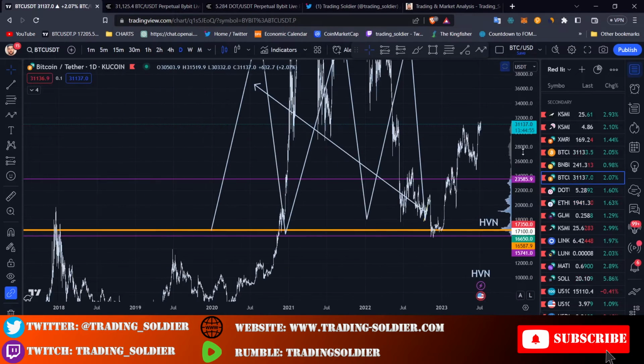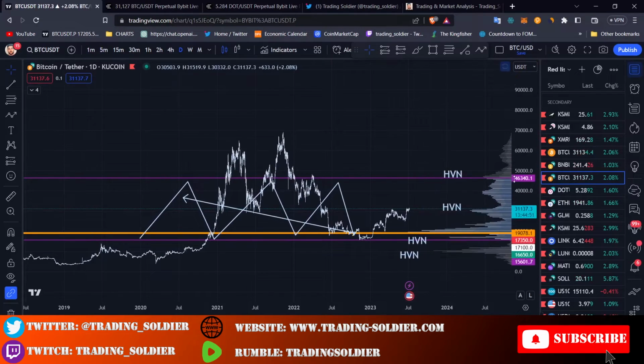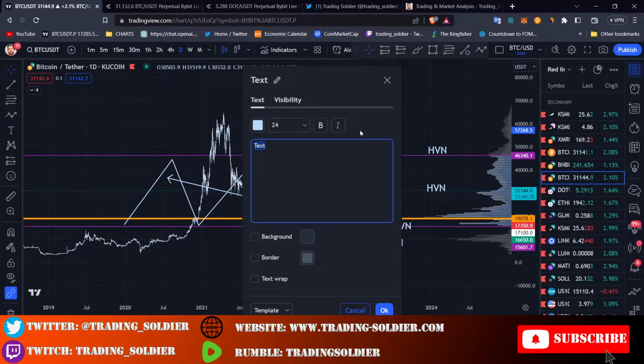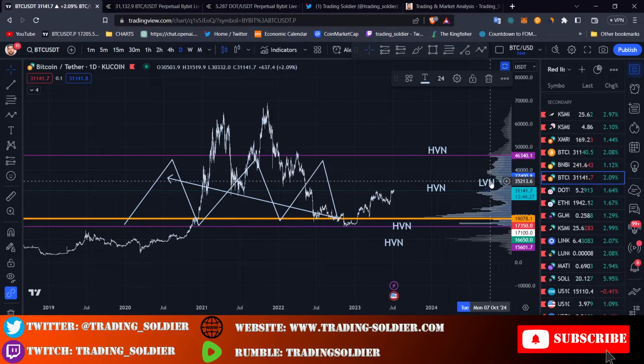So if we go back where we were before, you see that we have the high volume node, and we also have the LVN, that is the low volume node. Okay, so we are going to type it, and that is very important. Low volume node, LVN.